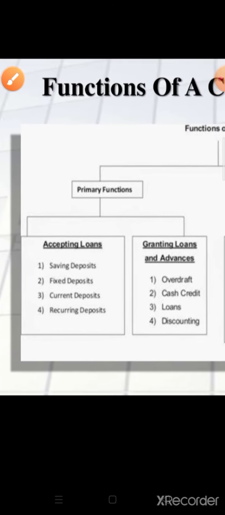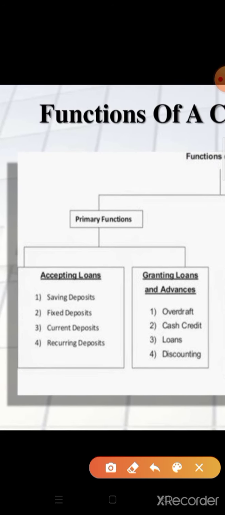There are various functions of commercial banks. First, the primary function, and second, the secondary function. In the primary function, there are two types: first is accepting deposits and second is granting loans and advances. In accepting deposits, there are saving deposits, fixed deposits, current deposits and recurring deposits.